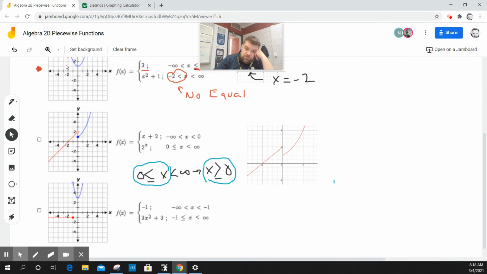Well, which one? Well, it's the one with the equal sign. This one has an equal sign, so this is the graph that's going to do that. That's this graph right here. Right? This is 2 to the x. This right here is x plus 2. Because that one has the equal sign, that gets the closed circle, and this is the open circle. Hey, that one's correct too.